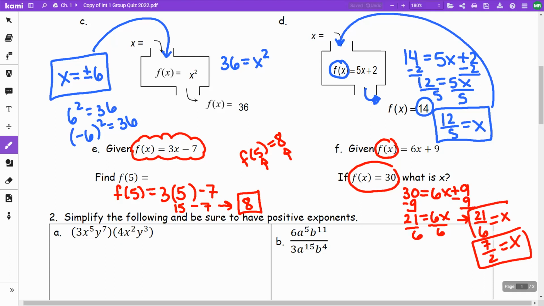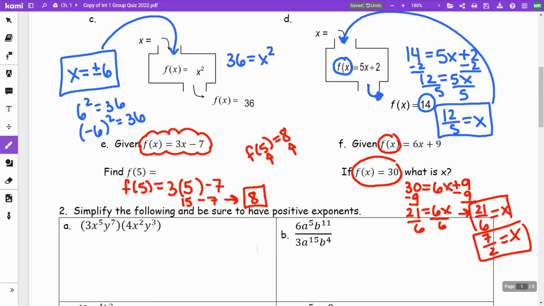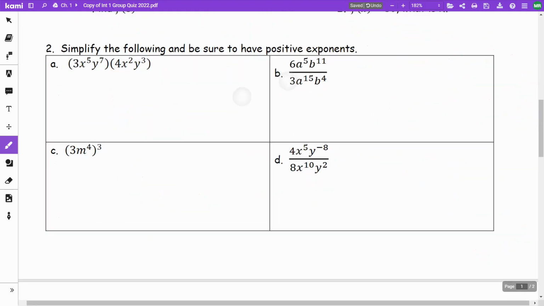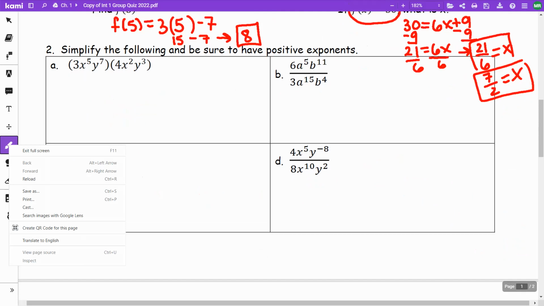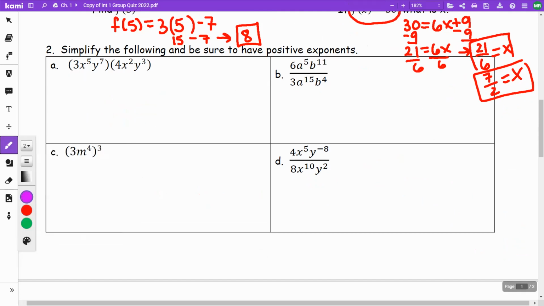Now on 2, we're simplifying these using the laws of exponents. I'm just going to jot the laws of exponents down here at the bottom. If I have x to the a times x to the b, I add the exponents together and I get x to the a plus b.